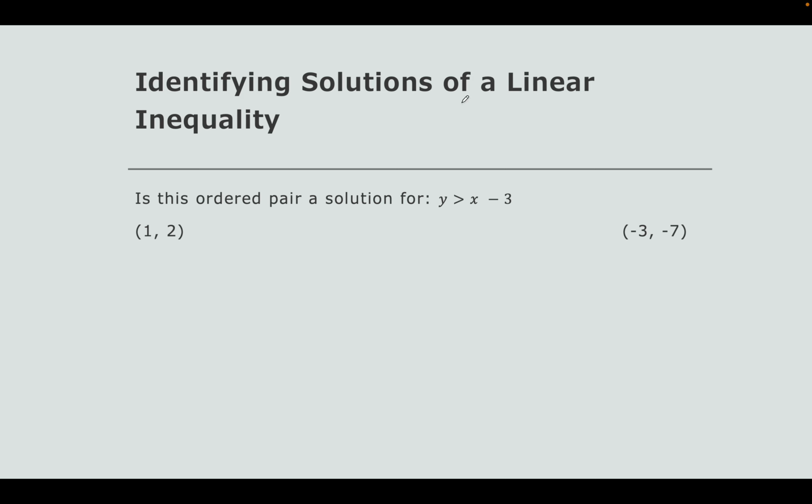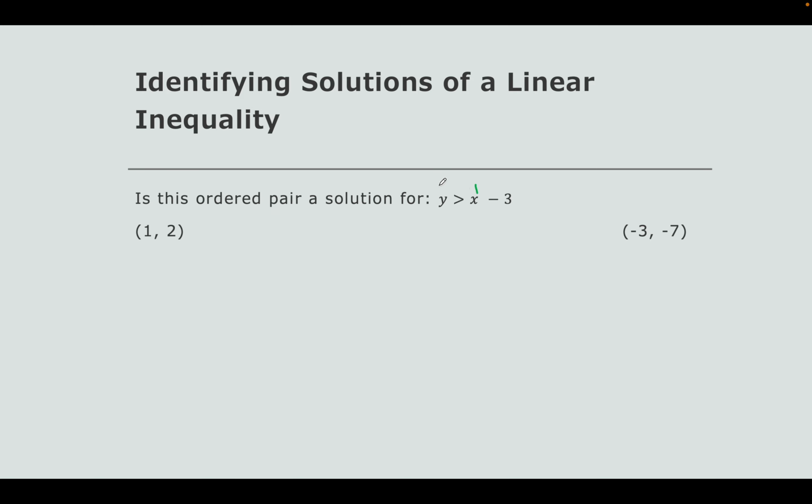Identifying solutions of a linear inequality. Is this ordered pair a solution for y is greater than x minus 3? So here's one problem, then here's another problem. Let's try this one first. 1, 2. If I plop in a 1, 2, is it a true statement?